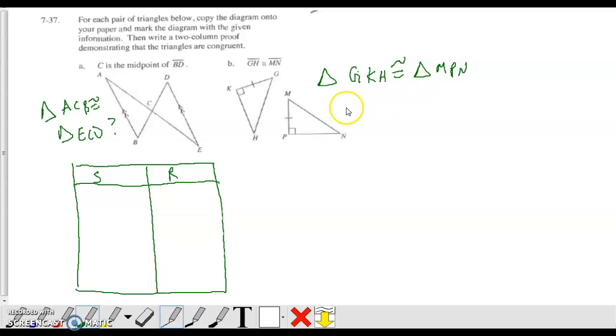So again, try to prove these on your own using a two-column proof instead of our normal flow chart. You can always use a flow chart and then bring it back to the two-column proof, but stop the video. Go ahead, try it. When you're done trying it, pop up the part 2 to see how you did.